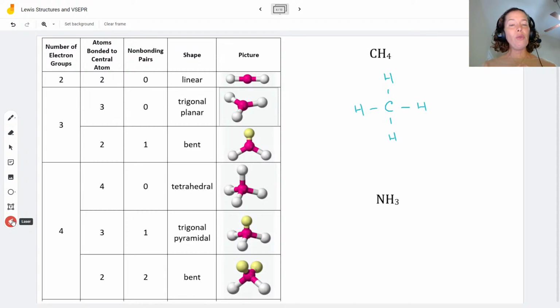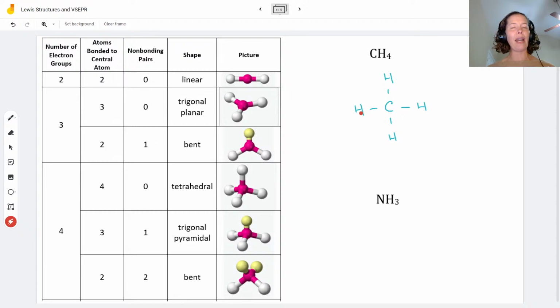So what we do first is I focus on this second and third column. The first thing I want to do is take a look at the central atom, and count how many atoms are bonded to that central atom. So I'm not counting bonds, I'm counting atoms. Carbon is my central atom, so I'm counting how many atoms are bonded to carbon. And I have 1, 2, 3, 4 atoms bonded to carbon.